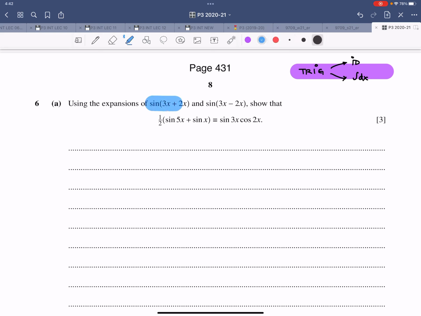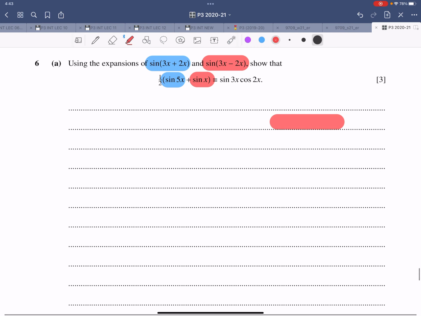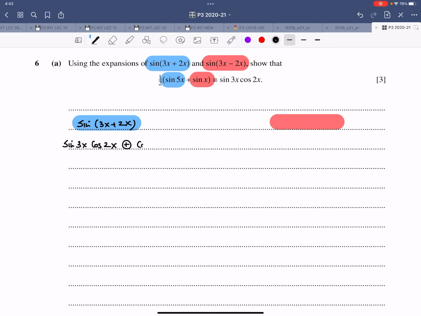Sine 3x plus 2x, which is sine of 5x. That's the addition formula. Sine 3x minus 2x, that is sine of x, and there is a plus sign in the middle. So the orange working, the blue working. Sine of 3x plus 2x is sine of 5x, that is sine 3x cosine 2x, positive sign, cosine 3x sine 2x.